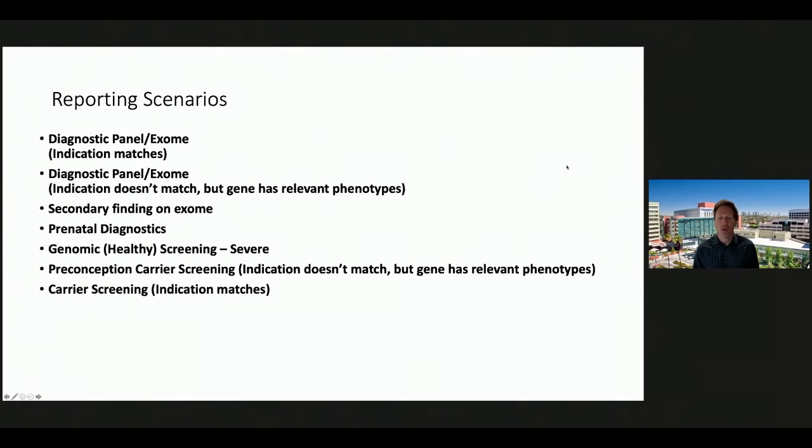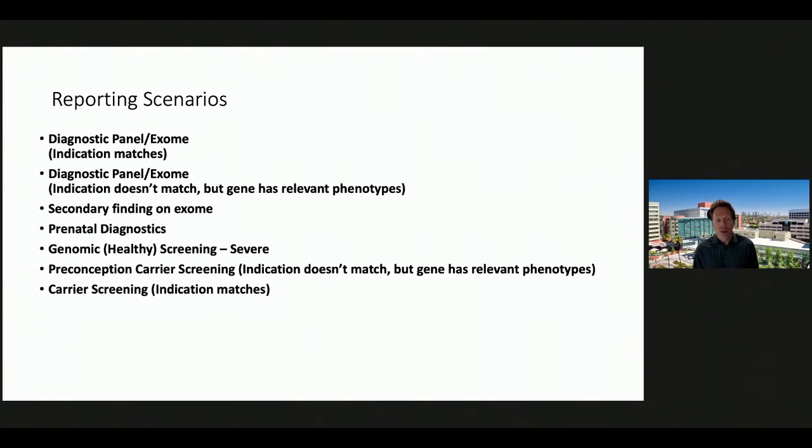It has something to do with melanoma risk, for example. Secondary findings on exomes, prenatal diagnostics, healthy genome screening, carrier screening, and again, the scenarios where the indication matches or the indication doesn't match.